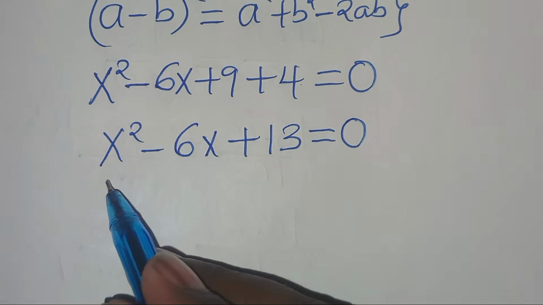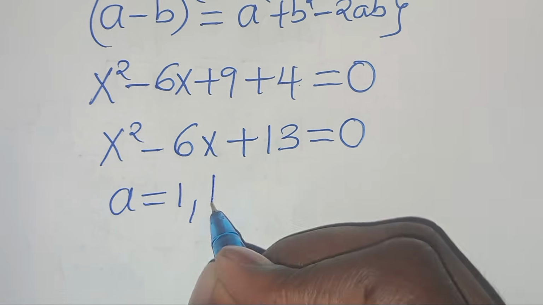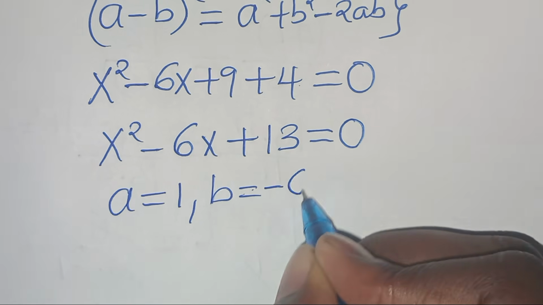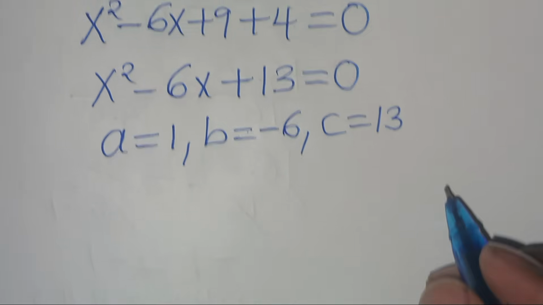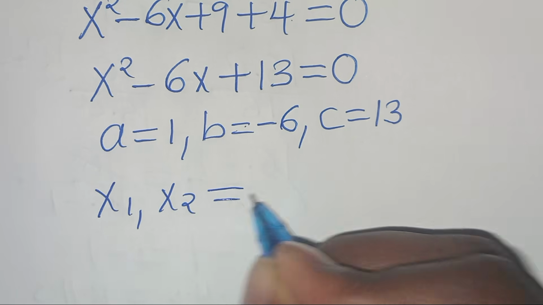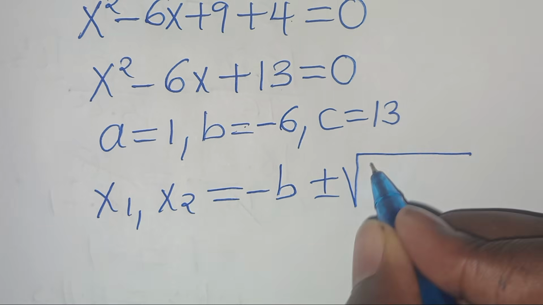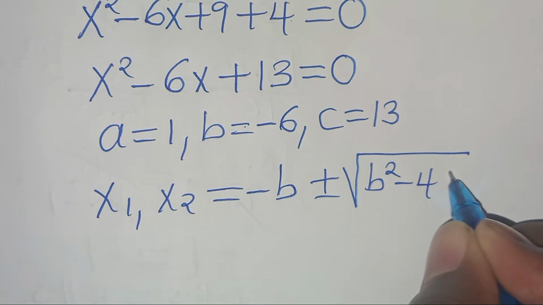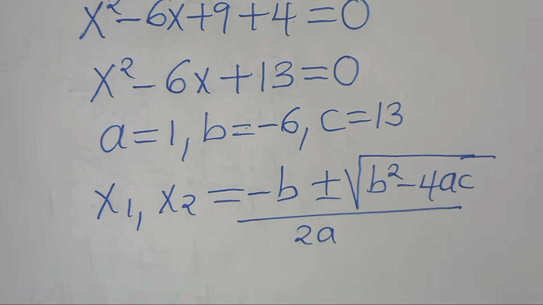So this is a quadratic equation where a is equal to 1, b is equal to negative 6, and c is equal to 13. We can solve for x1, x2 by applying the quadratic formula, which is negative b plus or minus the square root of b^2 - 4ac, divided by 2a.